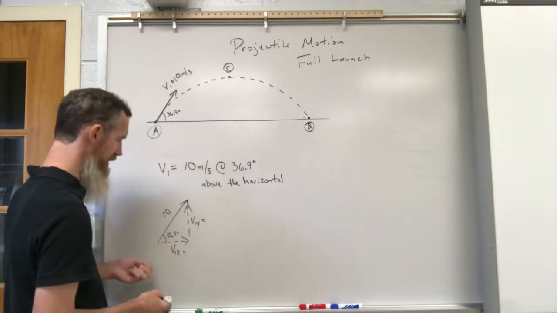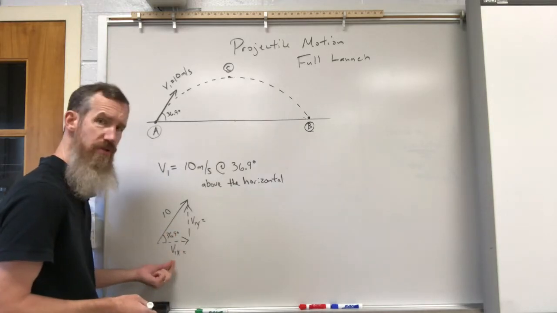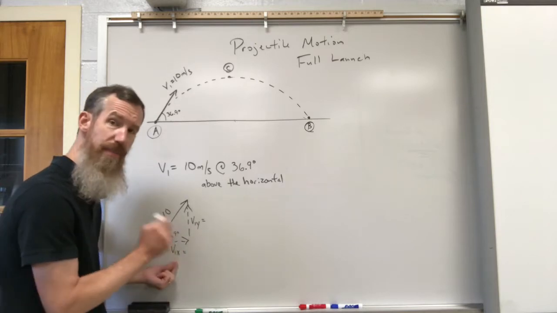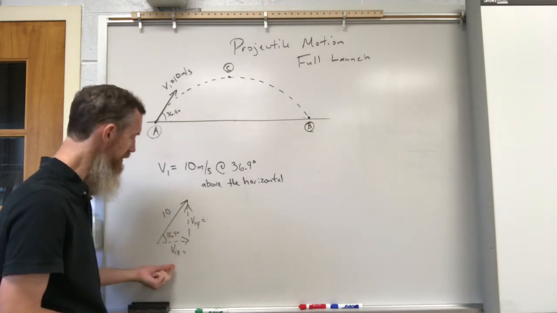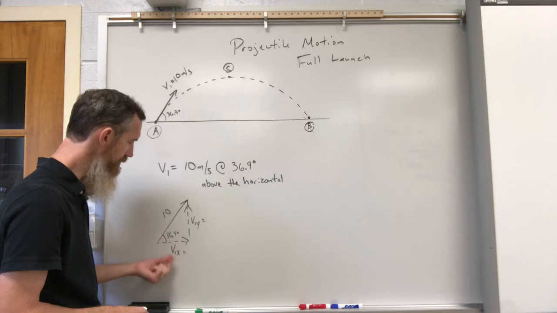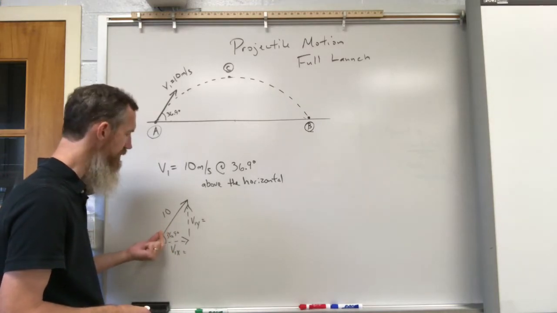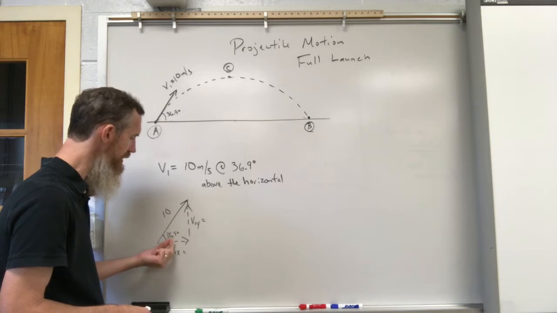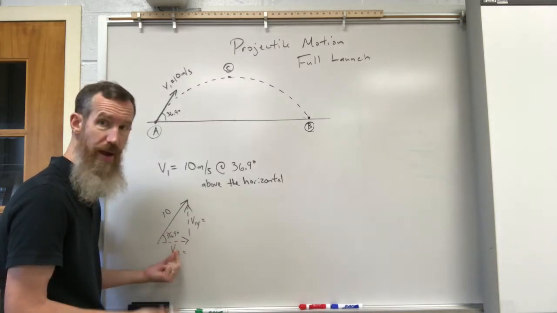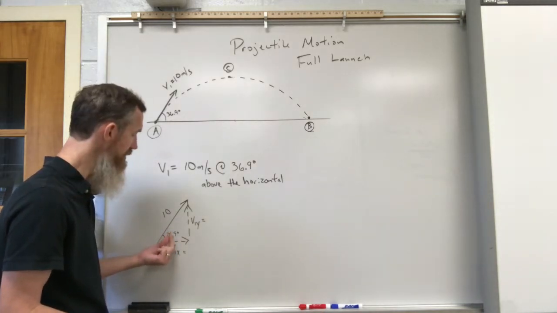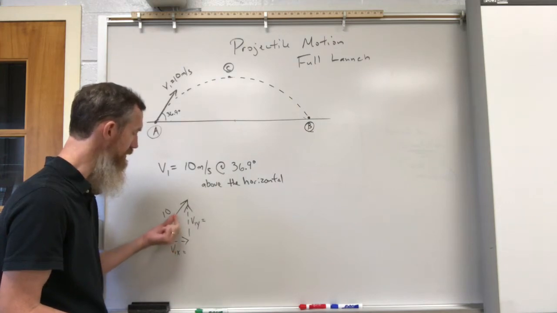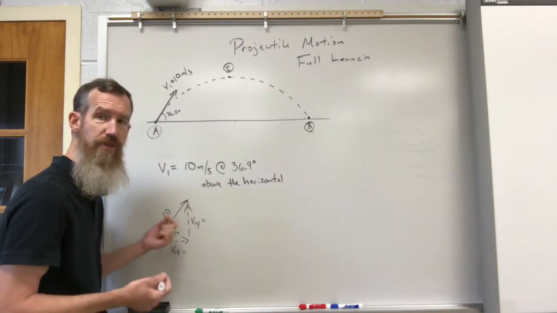Now I happen to know to find Vx, if you do your trigonometry, and I'm not going to do the math here, you should be able to do it. But if you take the cosine of 36.9 degrees with 10 being the hypotenuse, 36.9 degrees makes a 3, 4, 5 triangle. So if I see 36.9 degrees or 53.1 degrees, that's a 3, 4, 5 triangle.